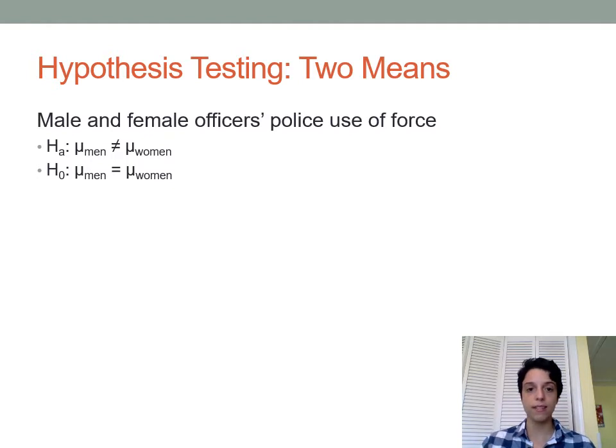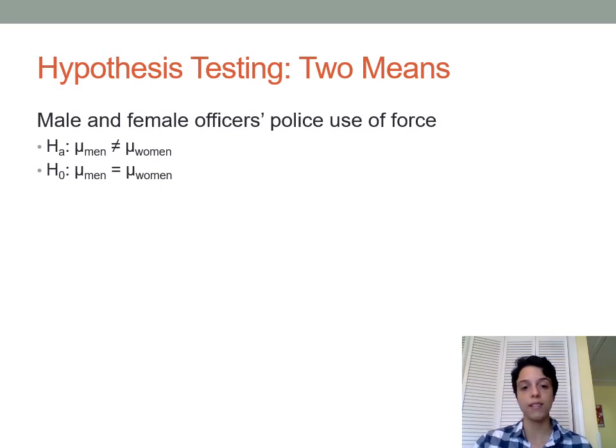So our null hypothesis, H0, would be that the mean level of use of force for male police officers is the same or equal to the mean level of force used by female police officers. We have mu there, which refers to our population mean, the population mean for men and the population mean for women. So in our null hypothesis, we're saying they are equal to each other.